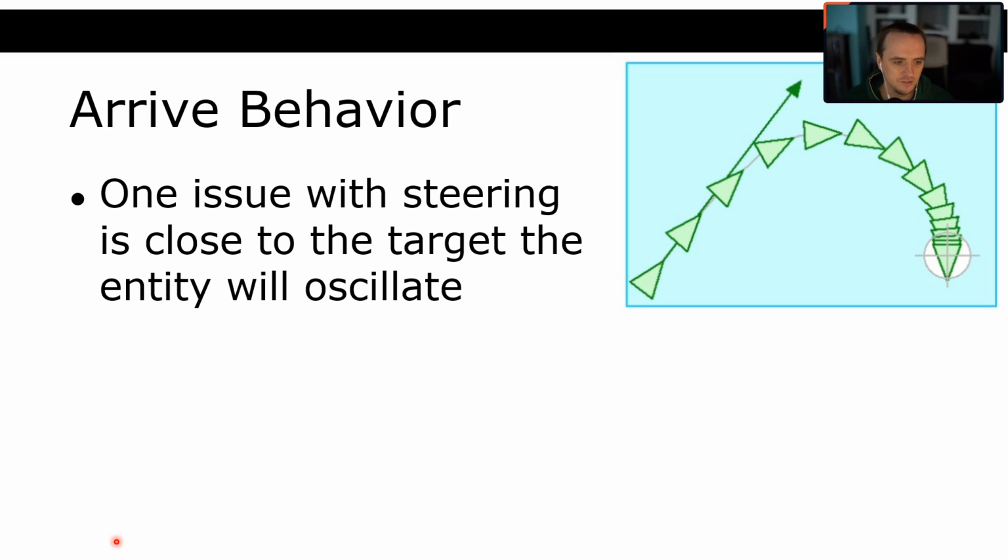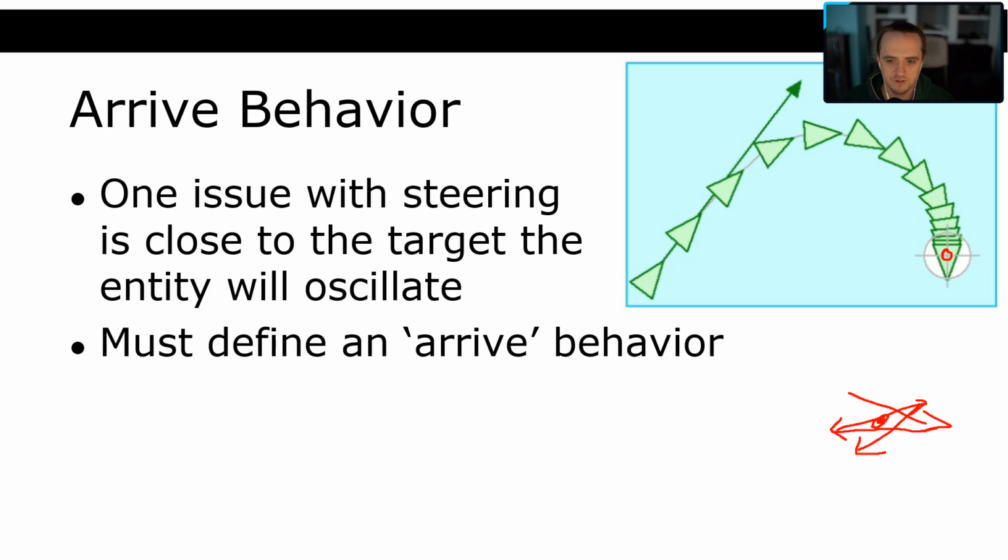What that means is, let's say we have this target right here, okay? If I go the same speed the whole way, then I may steer past it one frame, and then go past it another frame, and another frame, where I'm just oscillating around the target, and I'm never actually arriving at the target. So we're going to talk about this arrival behavior.